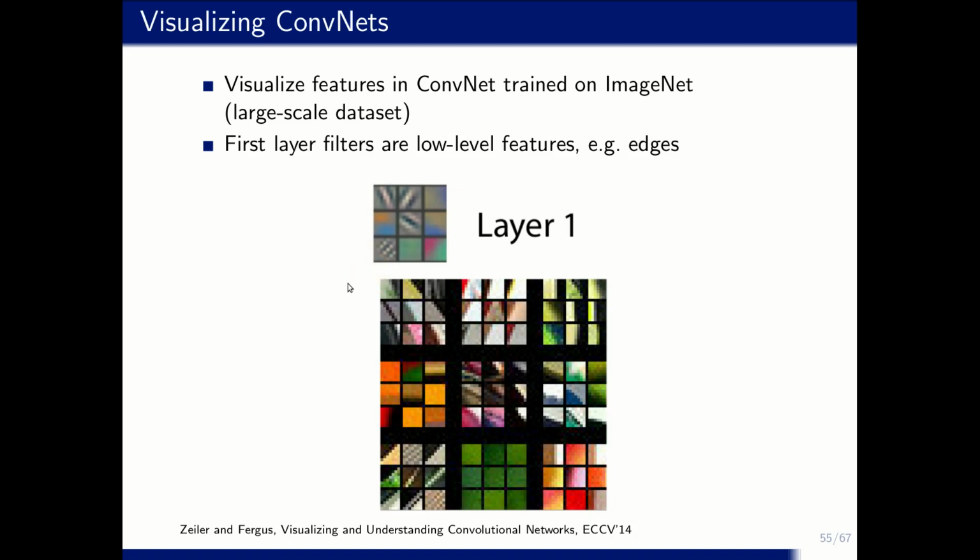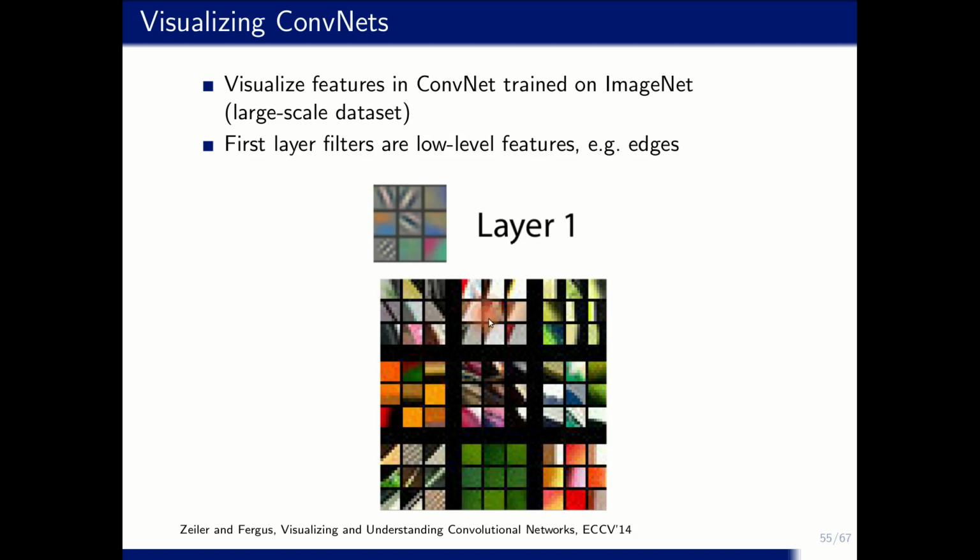And here they picked image patches from the validation set which most excited these selected neurons. These are now real image patches, and they looked for them exhaustively in the validation set. For example, this image here excited this neuron here because it has this strong edge.